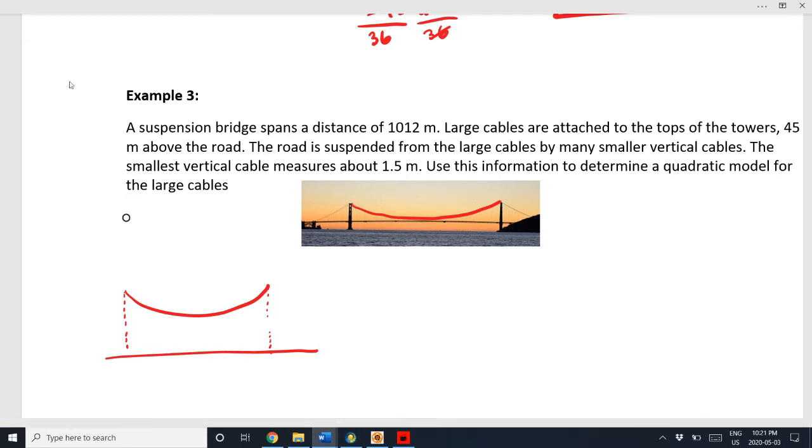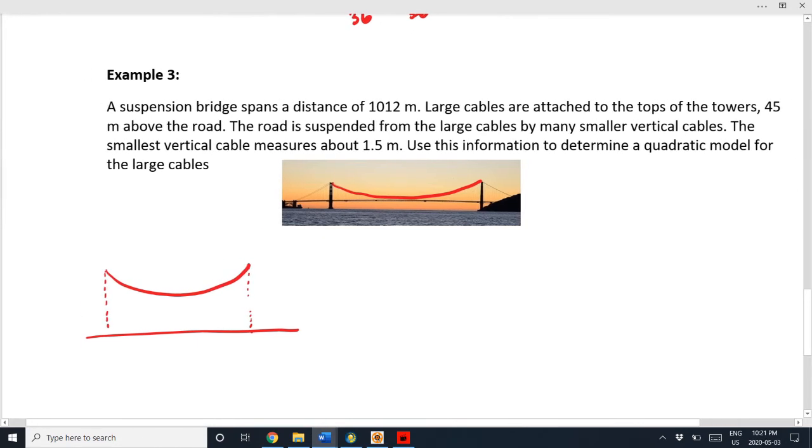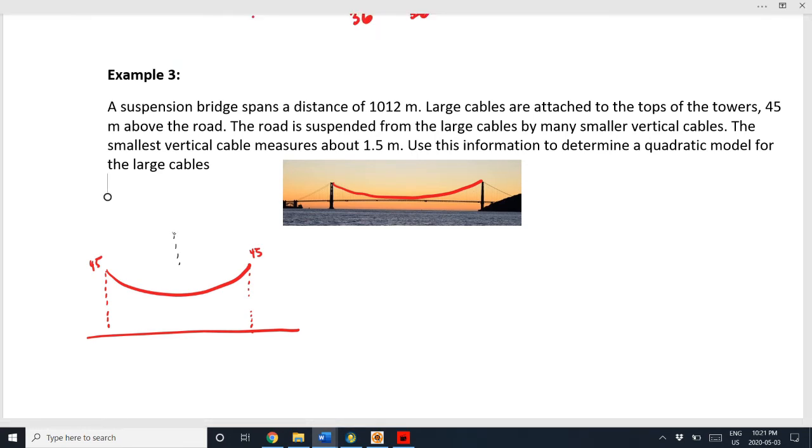bridge here. And so we know, it says here that the whole bridge spans 1,012 meters. And we know the towers are 45 meters above the road. Okay, so we know the y values above the road are 45 meters. What we can do is, like last time, if we center our Cartesian plane right on the center of this, that would mean the total distance from here to here has to be 1,012 meters, and this is our 0 line.